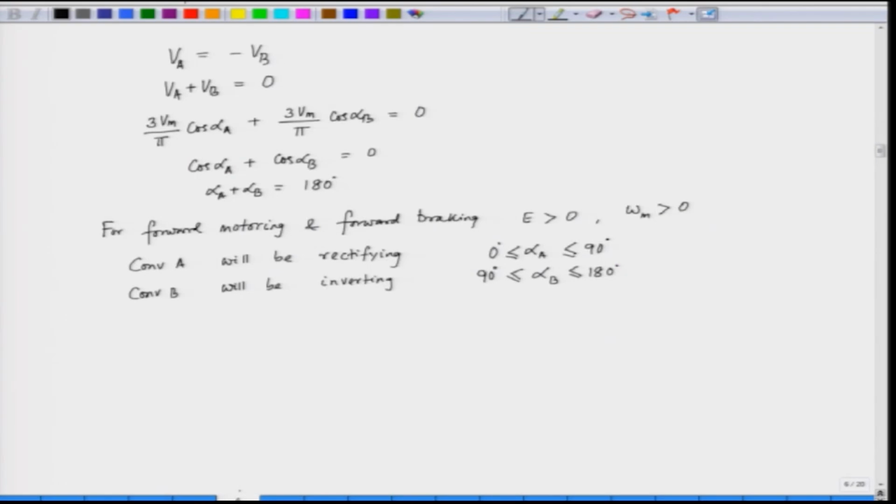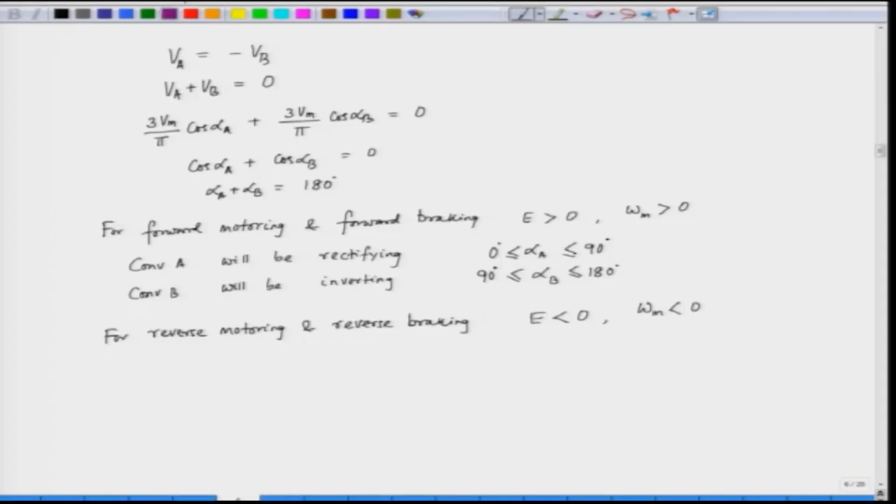So, for reverse motoring and reverse braking, what we have here? For reverse, the back EMF is negative, the speed is negative. When we say reverse, the speed has to be negative, which means the back EMF is also negative. So, this is the meaning of reverse.